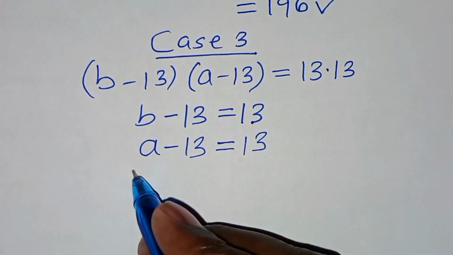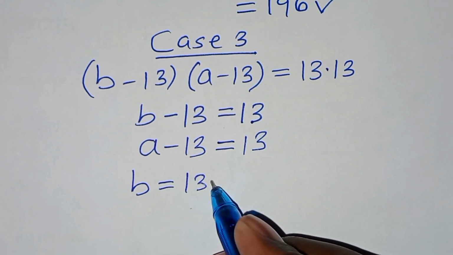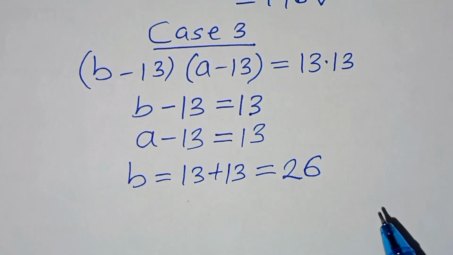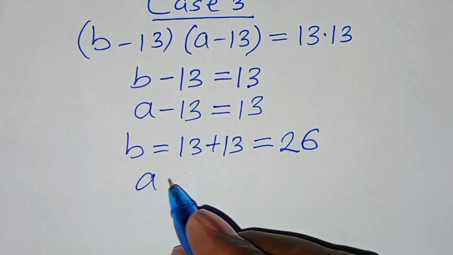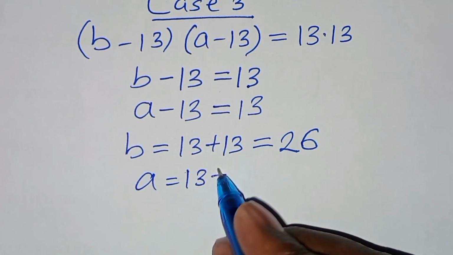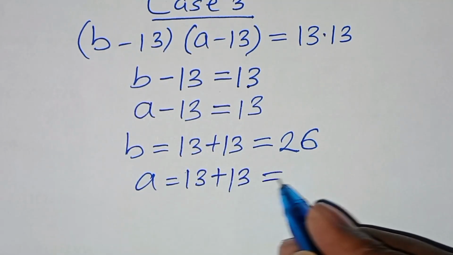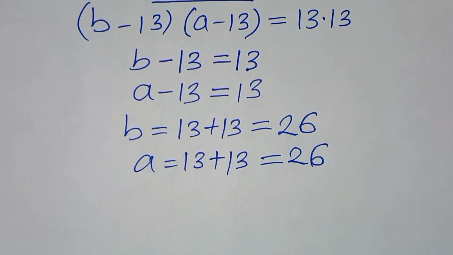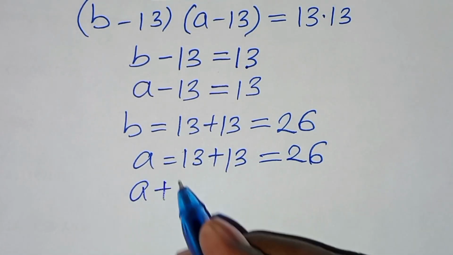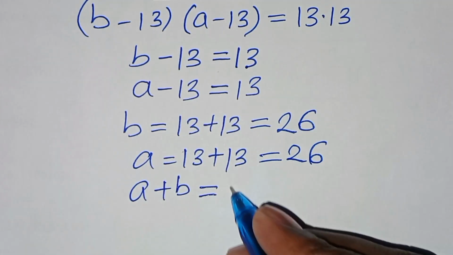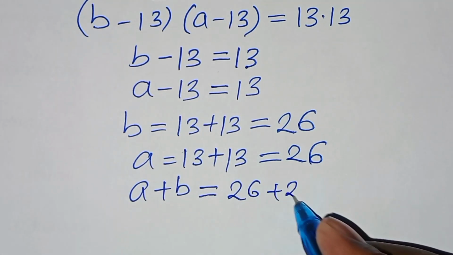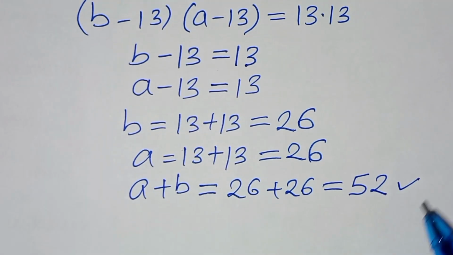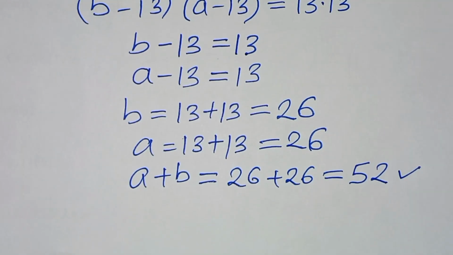This means b will be equal to 13 plus 13, which is 26, and a will be equal to 13 plus 13, which is 26. Therefore a plus b is 26 plus 26, which is 52. This is the solution to case 3.